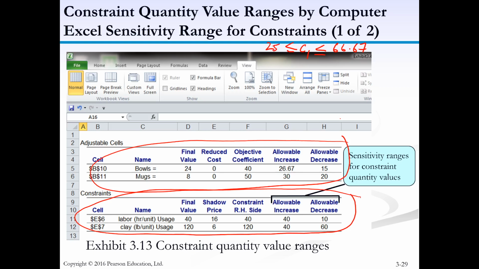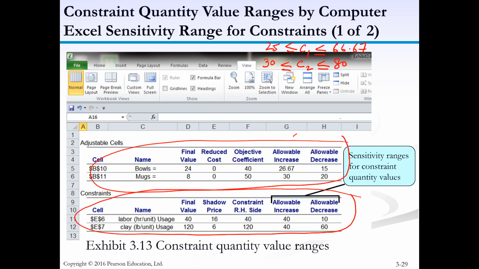The same way, for the coefficient C2, the upper side is 50 plus 30, which is 80, and on the lower side it is 50 minus 20, which is 30. This is for the objective function coefficients in the first table.